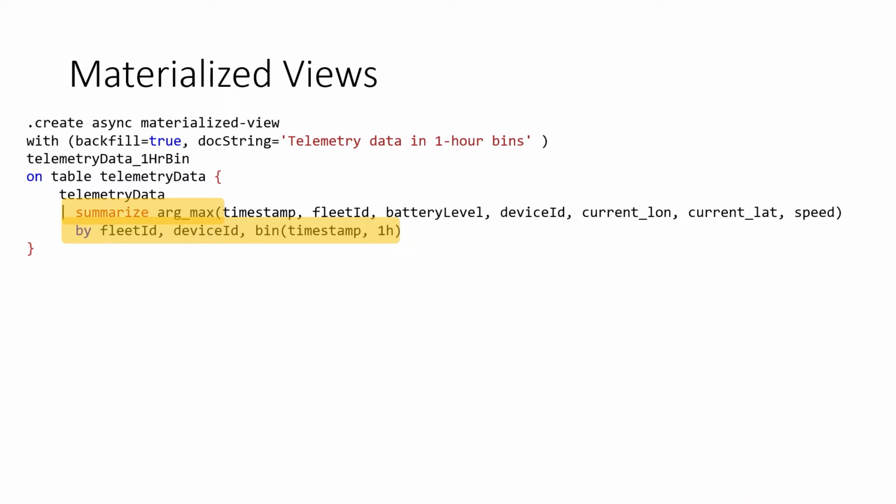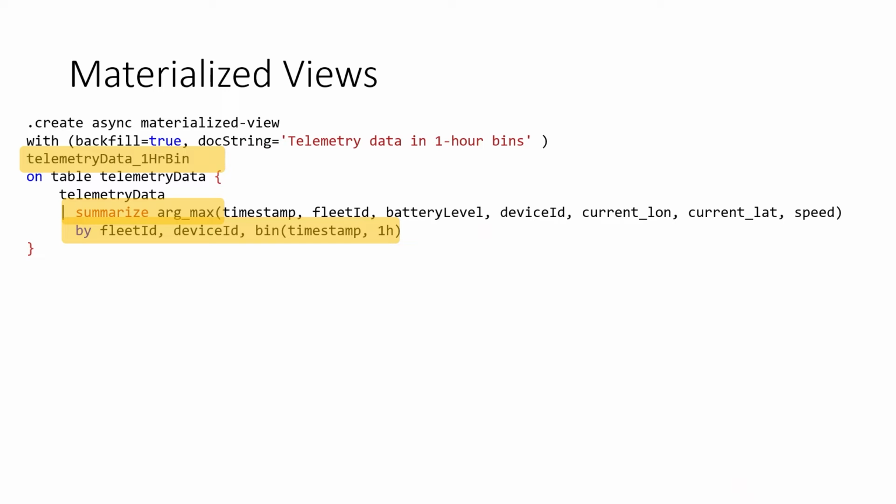All right, and then in this view here, we're summarizing by timestamp every hour, 1 row per hour, and we just want the argmax. So we're doing a summarization here by the bin of 1 hour ahead of time, and we're storing that in a materialized view that we're calling telemetry data underscore 1 hour bin.